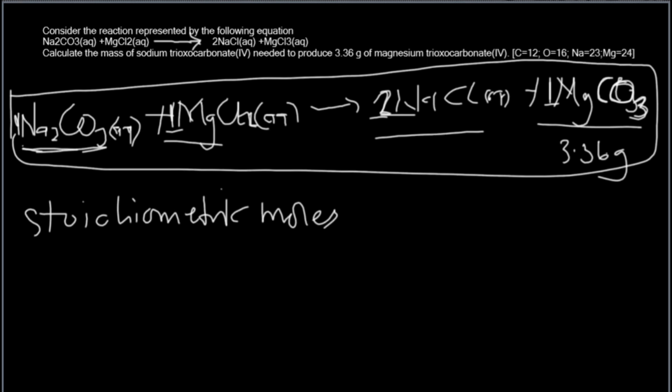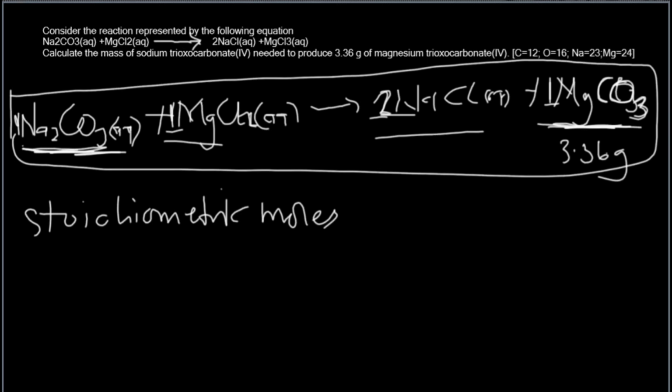So in this question, we are given 3.36 grams of magnesium carbonate, and the question is asking you to calculate the mass of sodium trioxocarbonate needed to produce 3.36 grams of magnesium trioxocarbonate. So the first thing you have to do is compare their stoichiometric moles.